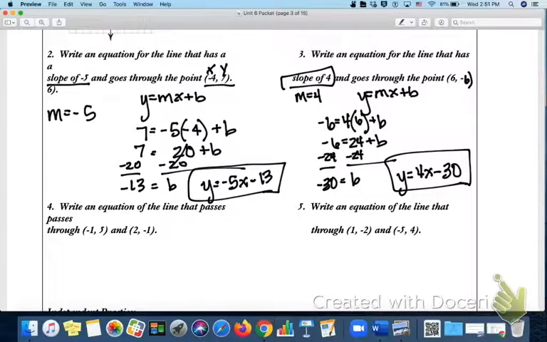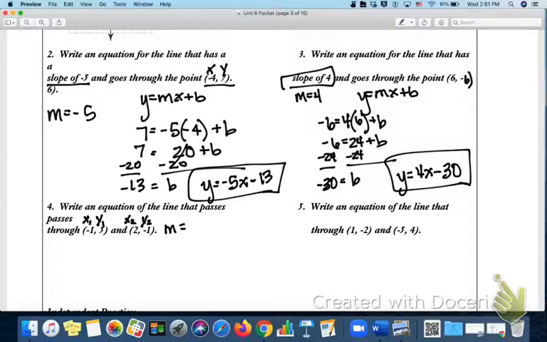Number 4, write an equation of the line that passes through the points negative 1, 5 and 2, negative 1. We just learned in the last lesson that if you are given 2 points, you need to find the slope. You need to use y2 minus y1 divided by x2 minus x1. So we're going to use that formula to help us find the slope.